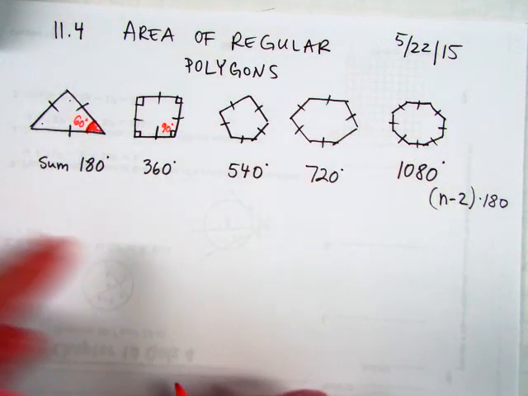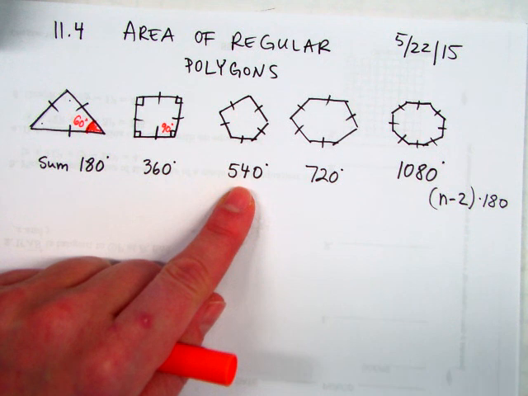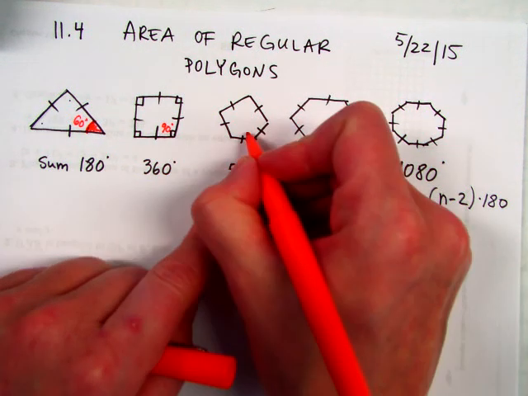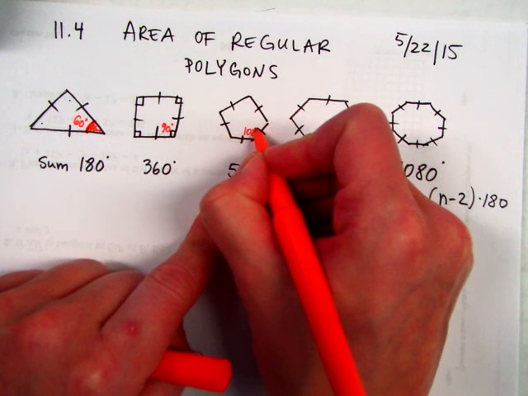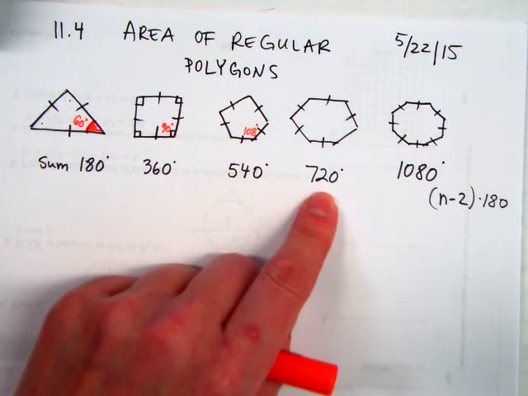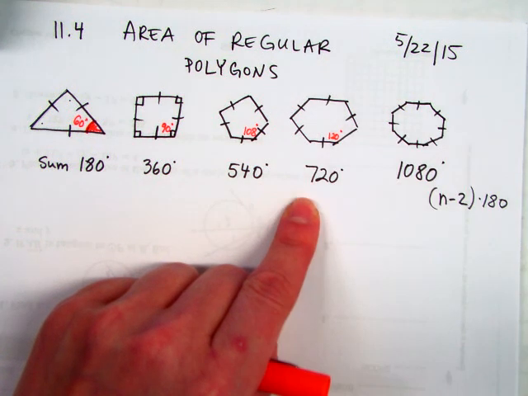What is it for the pentagon? Take 540 divided by 5. 108. Take 720 divided by 6. It's 120.